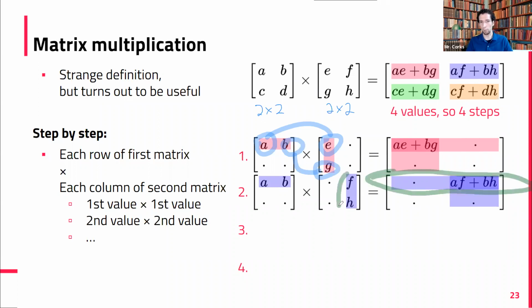And then we have the second column of the second matrix. So just highlight there. And where do they overlap? There's only one position where those two things will line up. That's where the result goes. So we can see it's the overlap of the two blue things here and the overlap of the two red ones for the first step, etc.